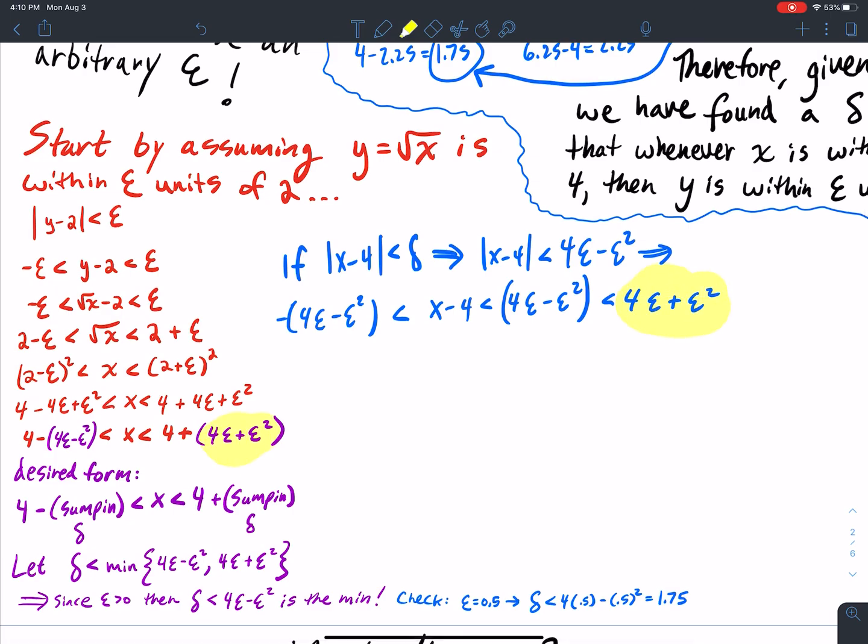If we don't do that, then we're not going to get that thing to match up there. That's why we work our scratch work first, so that we can turn the work around and go back this way. So we literally worked it backwards, and now we work it forwards. That's why we do our scratch work first. So we got that. Now we're going to add 4 to all 3 pieces.